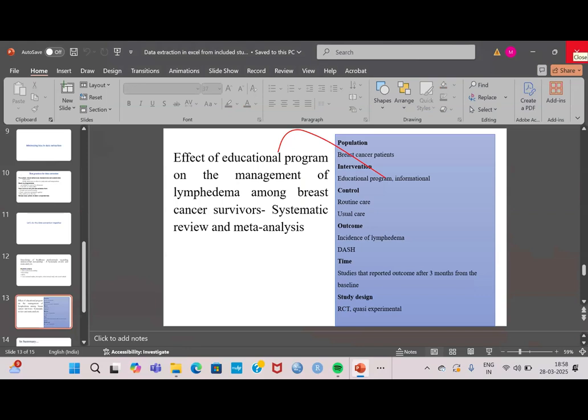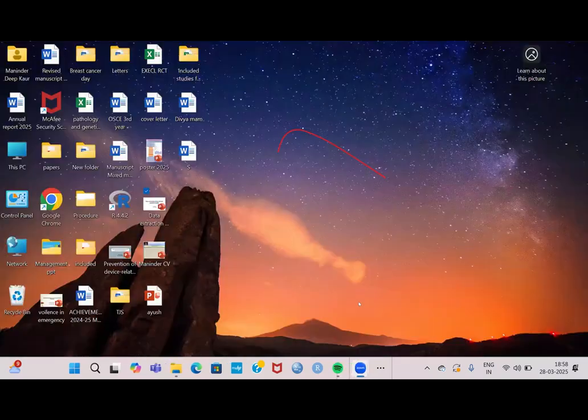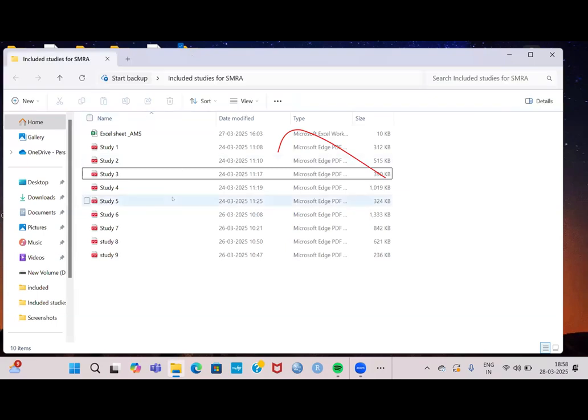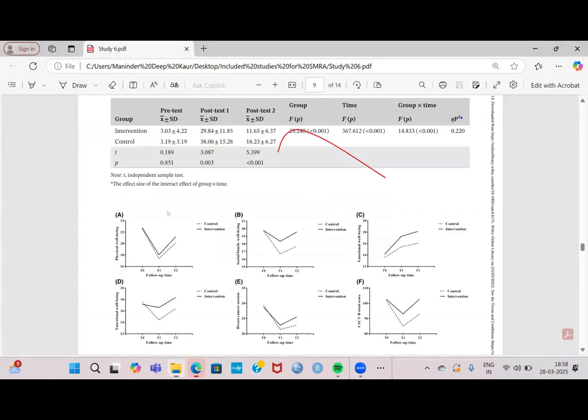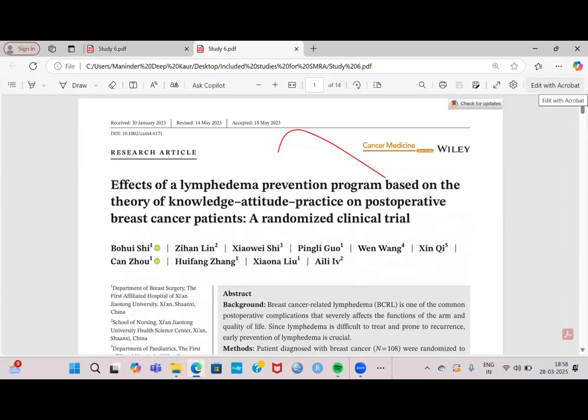So again, I need to open the randomized controlled trial studies. So there, from study 6. See, this is study number 6. So from the statement, you can get the answer to your research question. You can see the effect of a lymphedema prevention program.